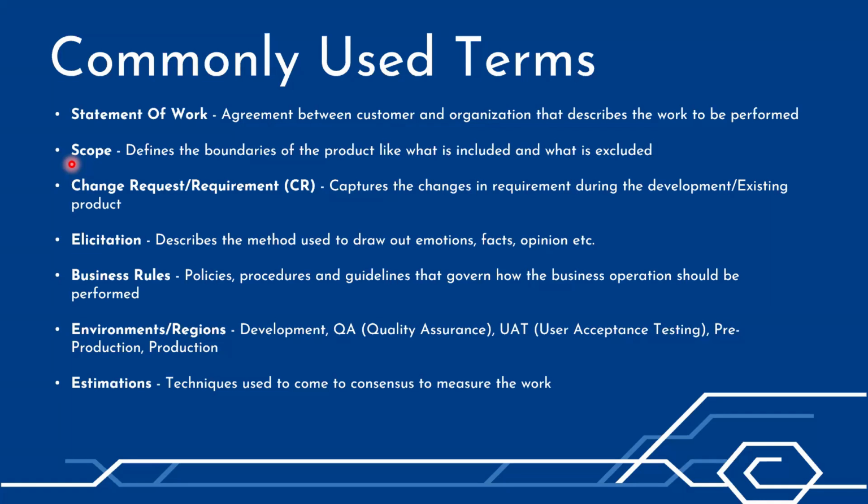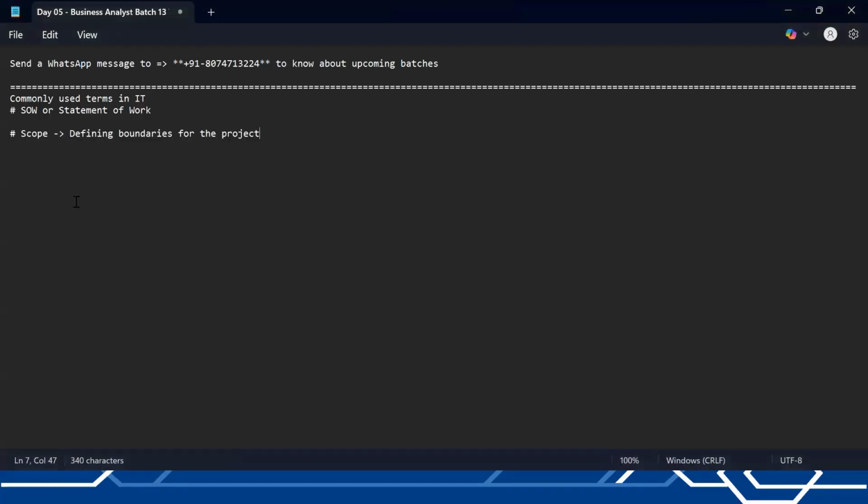The next term is change request or change requirement, which is often abbreviated as CR. People will often ask you, do you have a CR to work upon, or a change request to work upon.